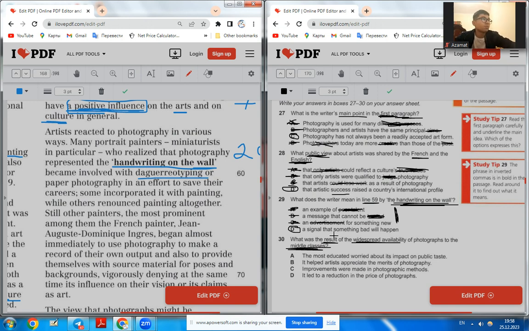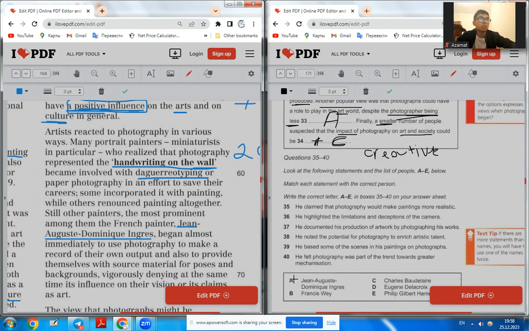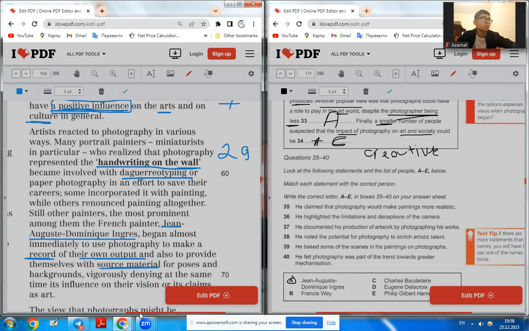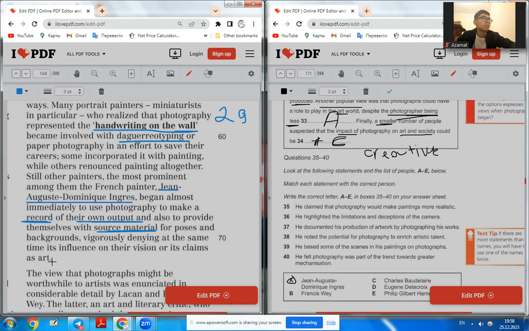Okay, so let's continue. Still other painters, the most prominent among them the French painter Jean Auguste Dominique Ingres, began almost immediately to use photography to make a record of their own output and also to provide themselves with source material for poses and backgrounds, vigorously denying at the same time its influence on their vision or its claims as art.